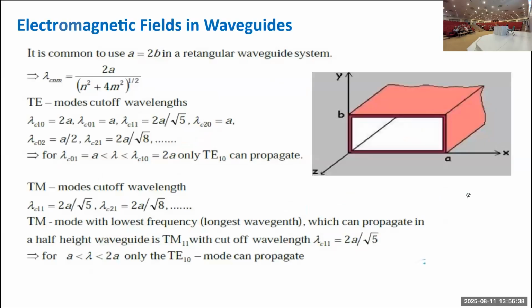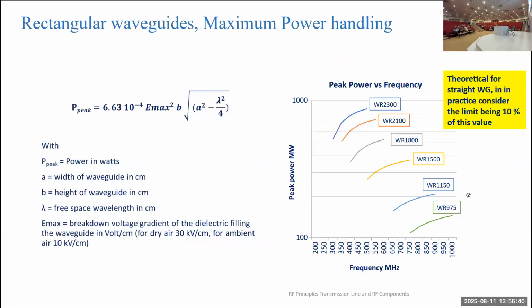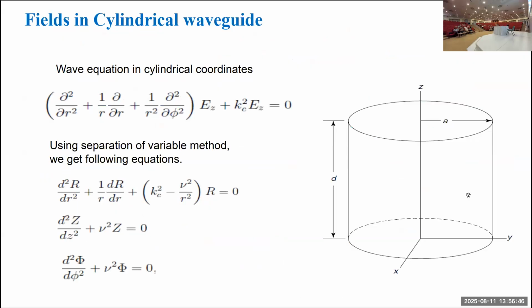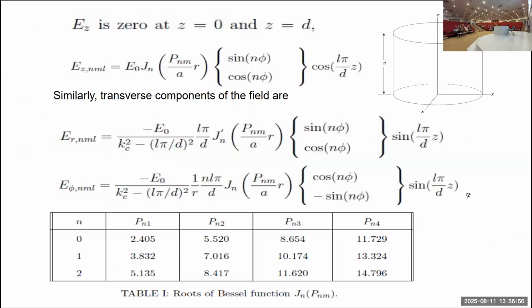But cylindrical cavities are mostly used to accelerate particles, so here I have used a third boundary condition, the length of the cylinder. And here we have three subscripts n, m, and l.